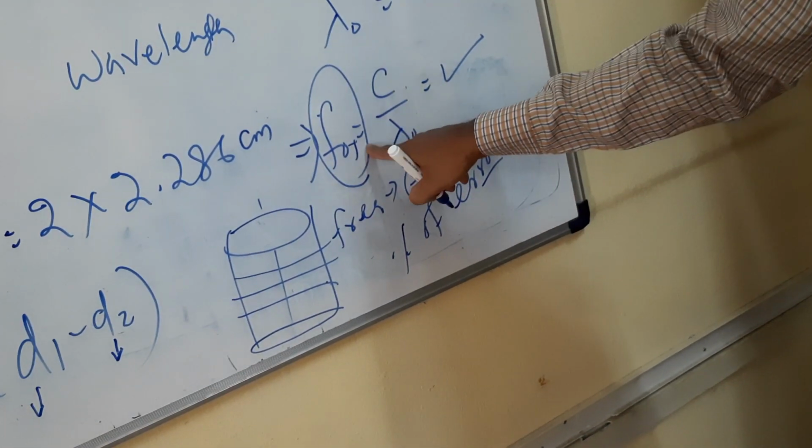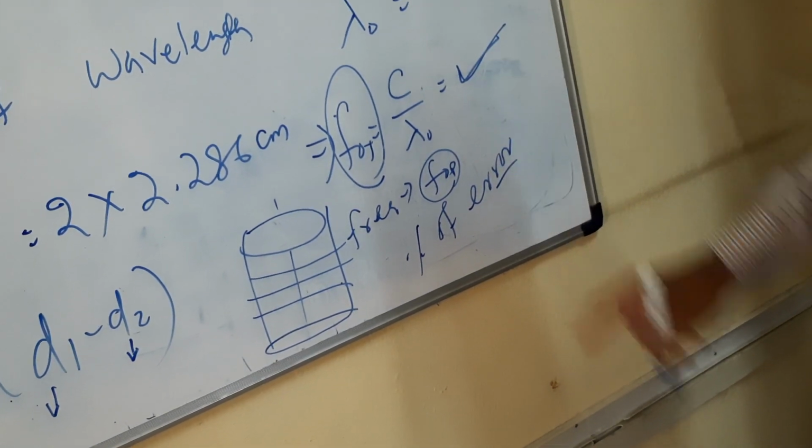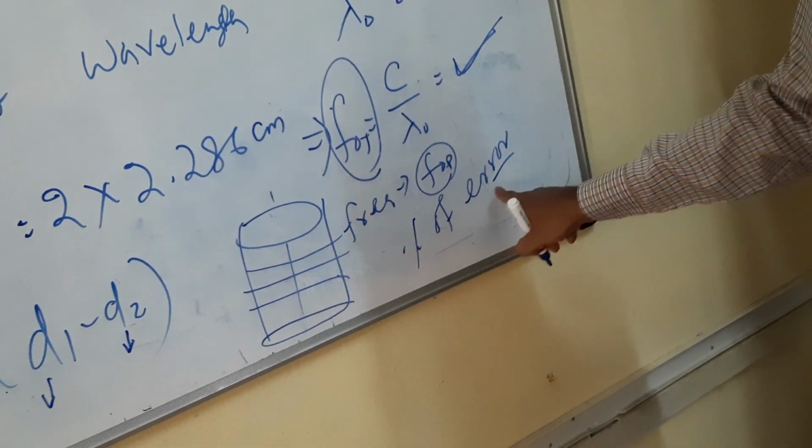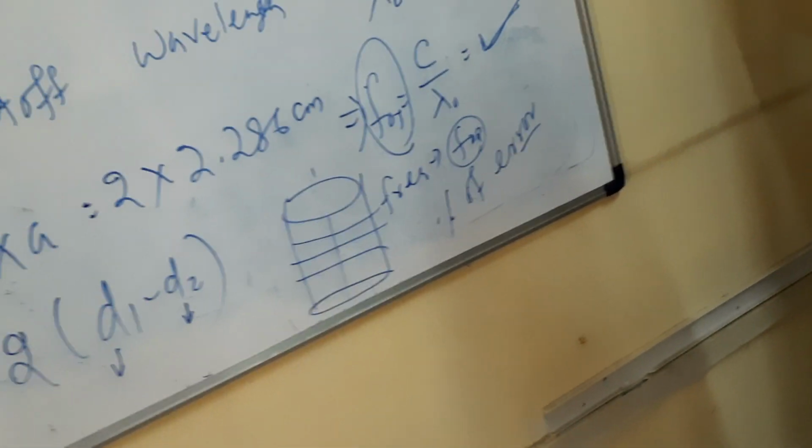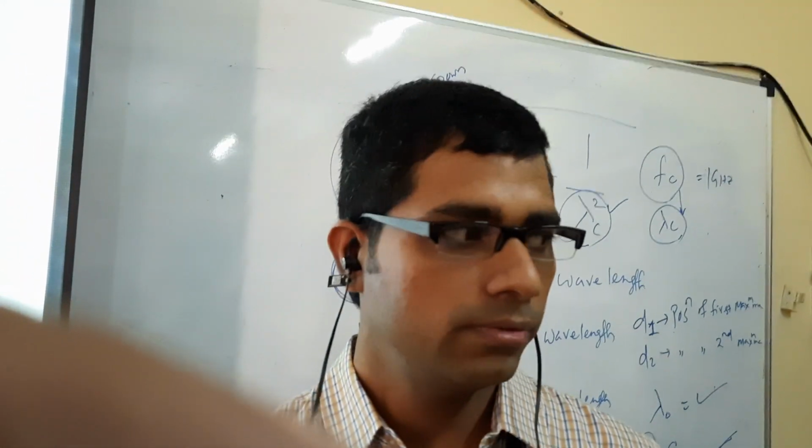By the theoretical method, how much frequency I am getting, and from the frequency meter how much frequency I am getting, from that I will calculate the percentage of error. Now we will go to the microwave test bench to do the experiment.